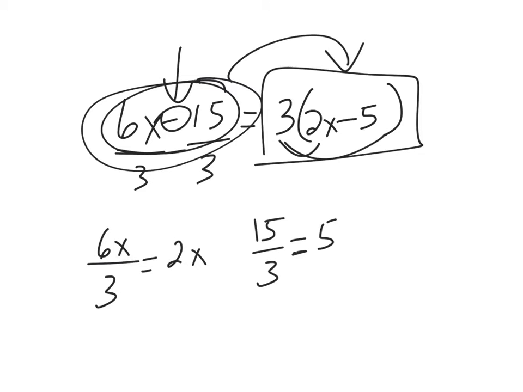We can do another one. Let's do one more. Let's say I got 12x plus 24. This time I'm looking for the biggest factor of 12. It's 12. Does 12 go into 24? Yes, it does. So I can put a 12 right here.